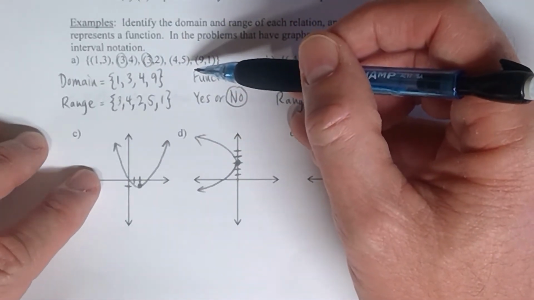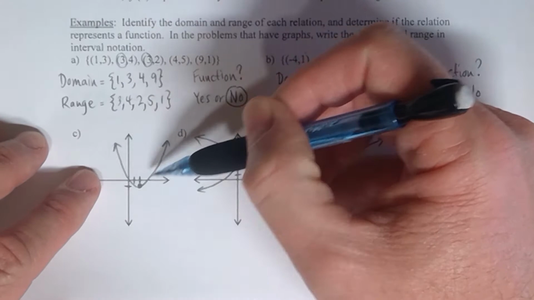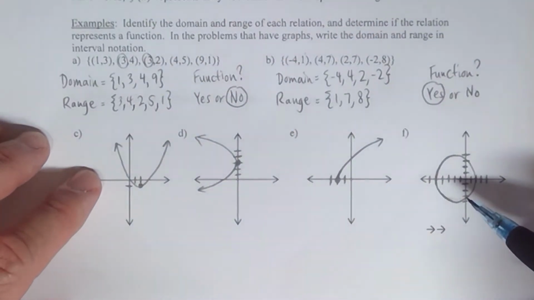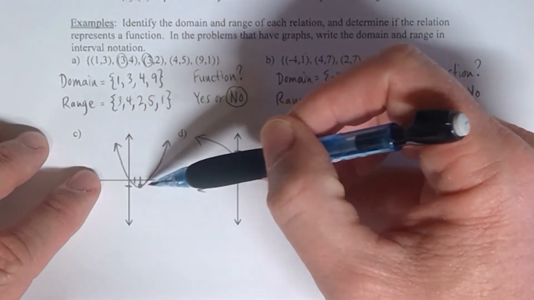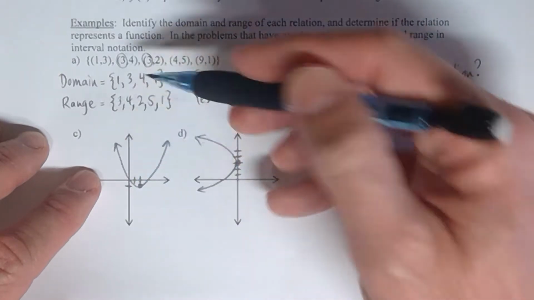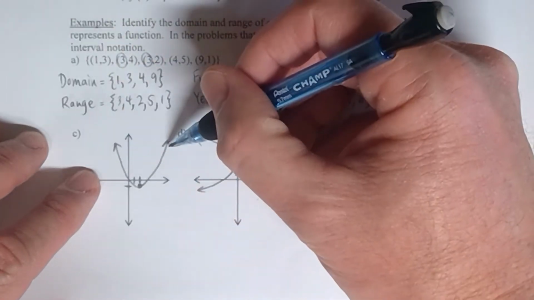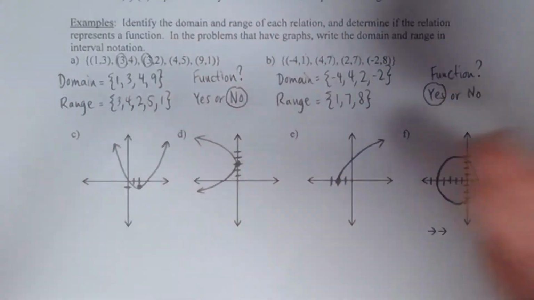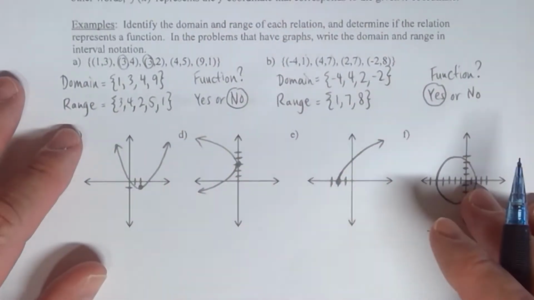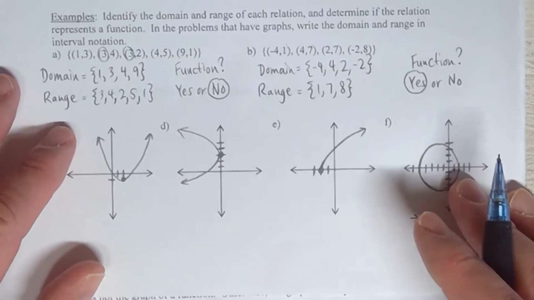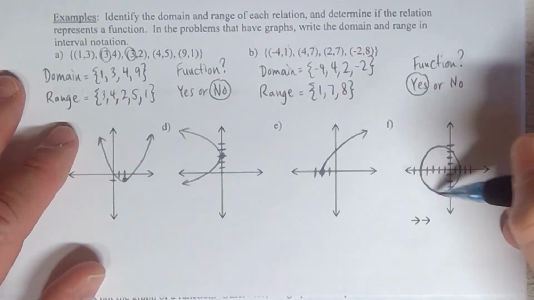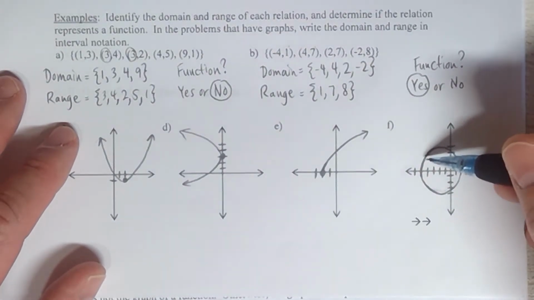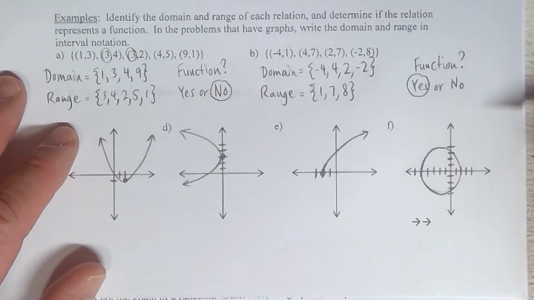But the difference is that with the typical graph, you guys, including all these graphs here, there's an infinite amount of ordered pairs on this thing. Partly because the arrows tell us that it goes on forever in two different directions right here. So it's infinite. It just keeps on going on and on and on. Okay, but even in a problem like this right here that doesn't have any arrows, even this has an infinite amount of ordered pairs on it.